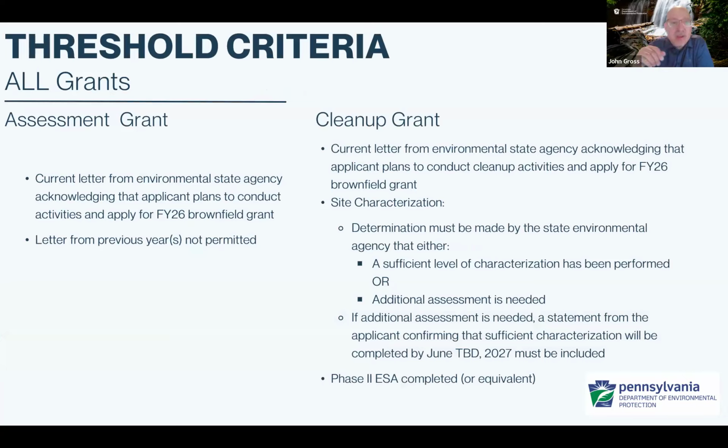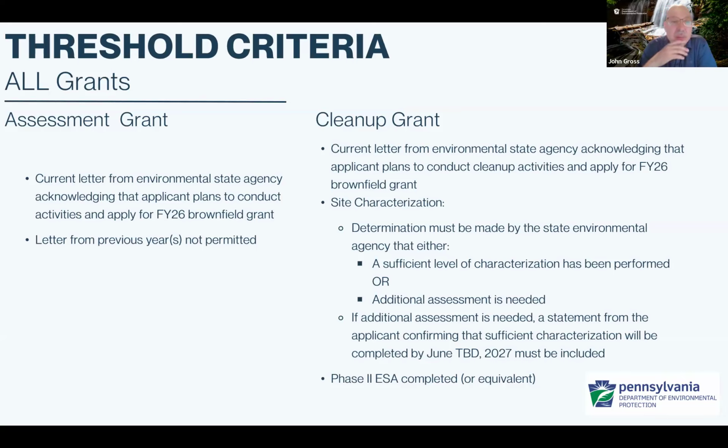Talking about the assessment grant and cleanup grant here, we'll start with the assessment grant. Letter from a state agency. That's us. I think Jim is also on this call. Jim is the one that prepares those. Mike, my boss, who is the program manager, actually signs those. So at this point, you just basically have to have an acknowledgement letter saying the state supports you, and all that kind of stuff.